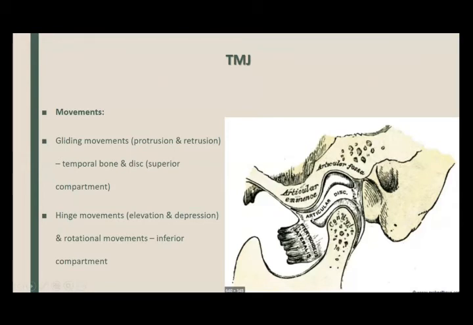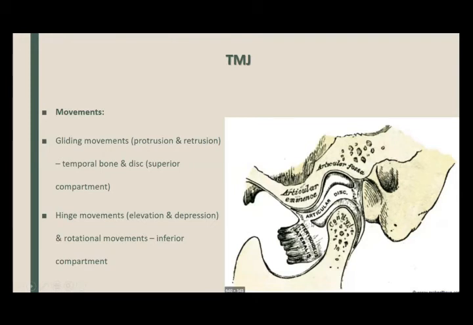So the movement of protrusion and retrusion takes place in this compartment, the compartment which is between the temporal fossa and the upper surface of the disc. ये superior compartment है. So the gliding movement of protrusion and retrusion takes place at this particular compartment.